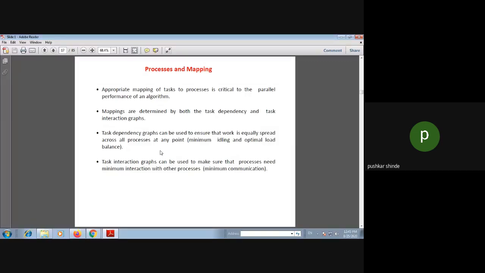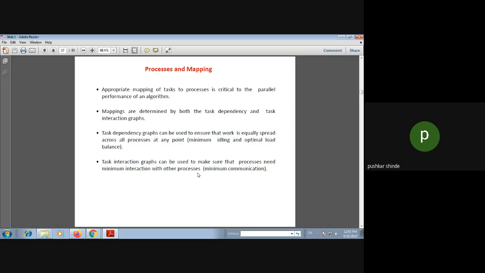And task interaction graphs can be used to make sure that processes need minimum interaction with other processes. So what does the task interaction graph give? Data dependency, communication between the tasks. So wherever there is more communication, those tasks are put in one process so that the communication overhead is reduced.